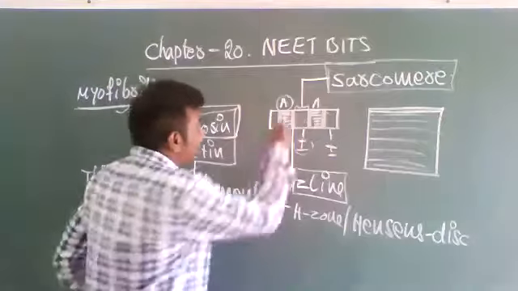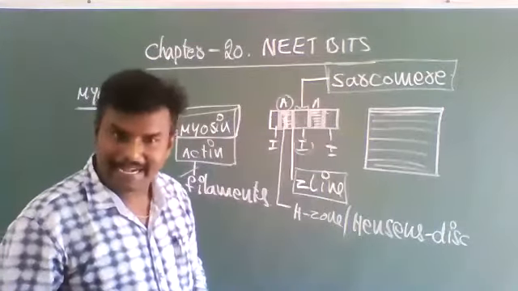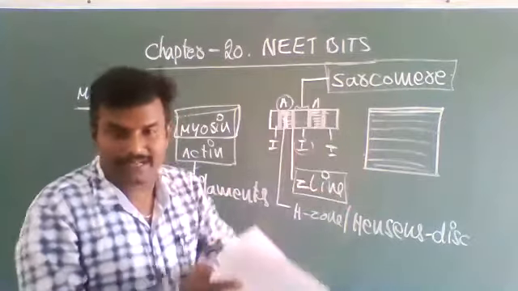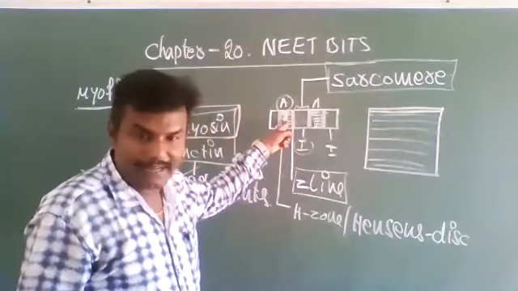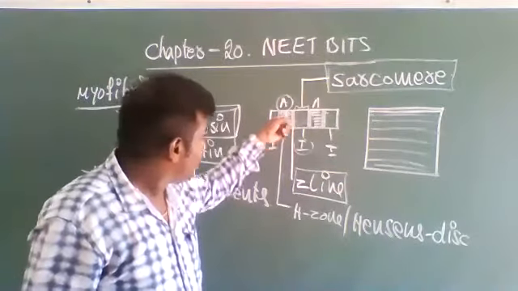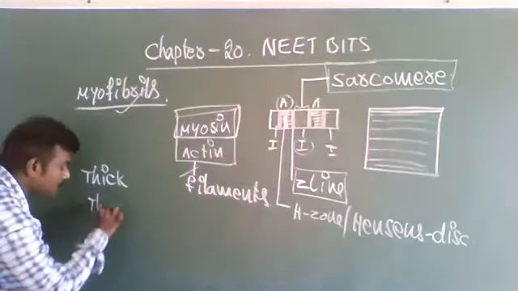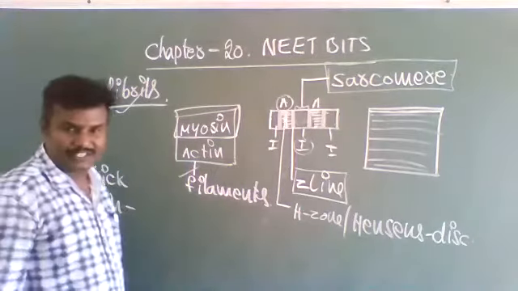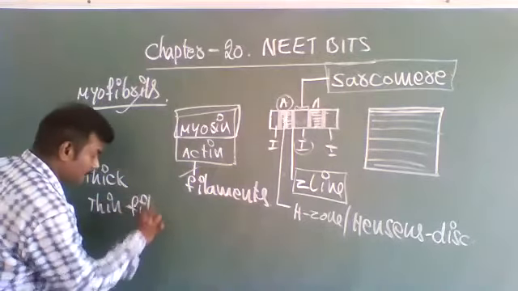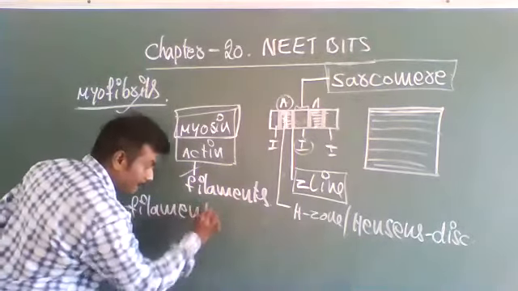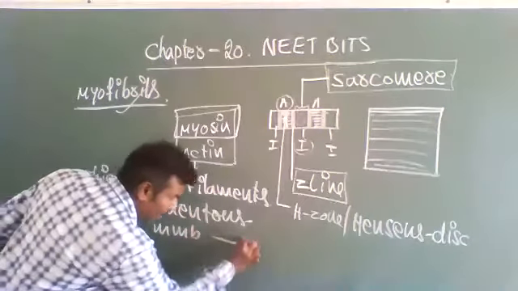Myosin or thick filaments in the center of the A band are held together in the middle of this band by a thin filamentous membrane called the M-line.